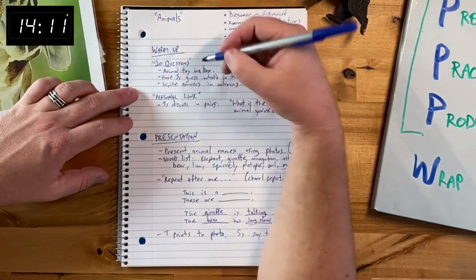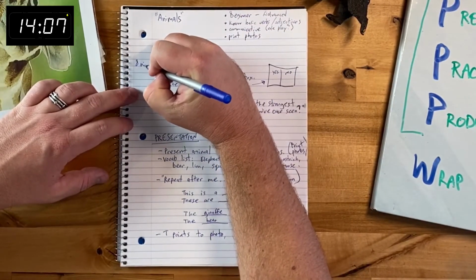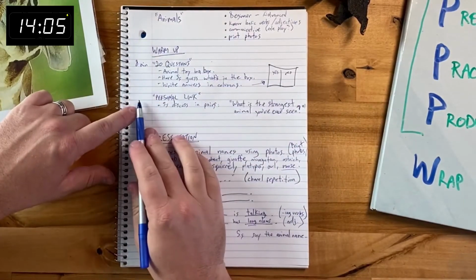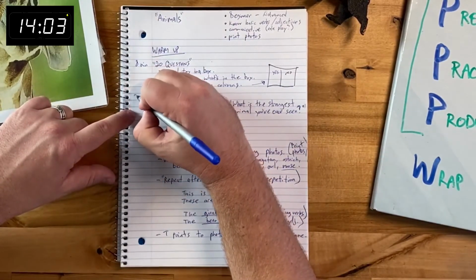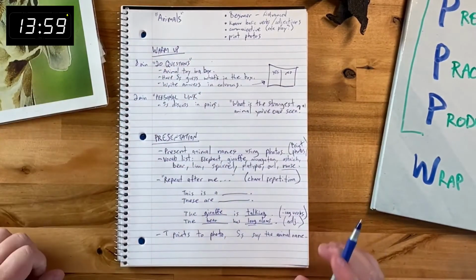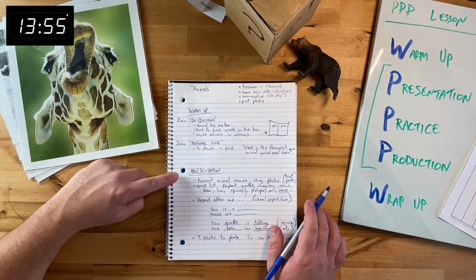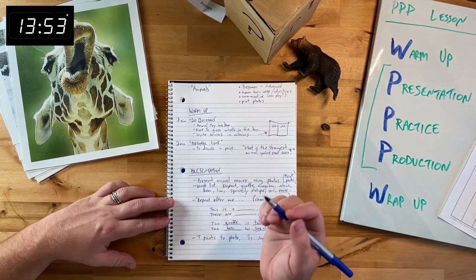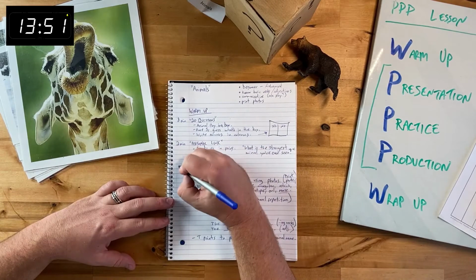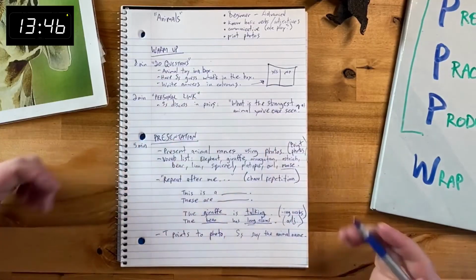So I'm going to try to do 20 questions in 8 minutes, and personal links usually take about 2 minutes. So together, here's 10 minutes of my lesson, and for the presentation, I'm going to challenge myself and try to do this in about 5 minutes.